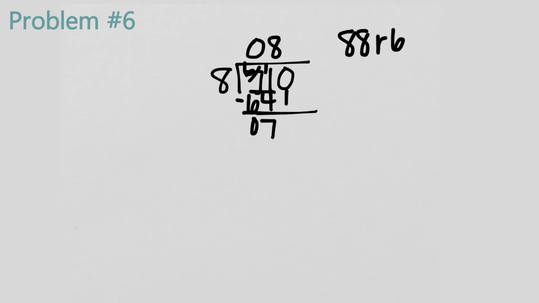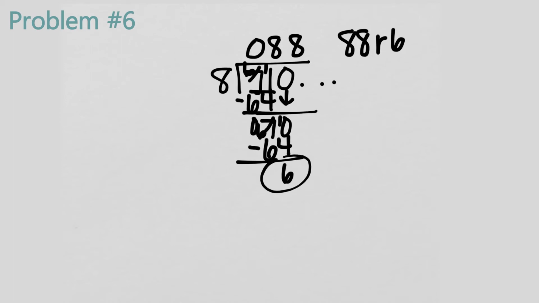Bring down your 0. How many times does 8 go into 70? 8 times. 8 times 8 is 64. Subtract. There are no other numbers to bring down, so 6 is our remainder.